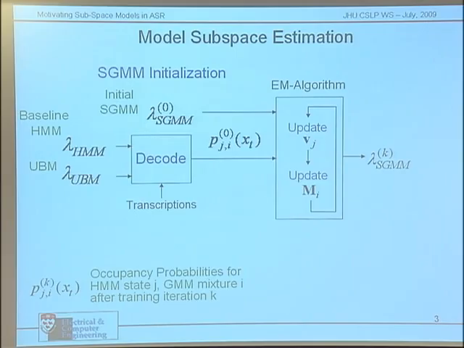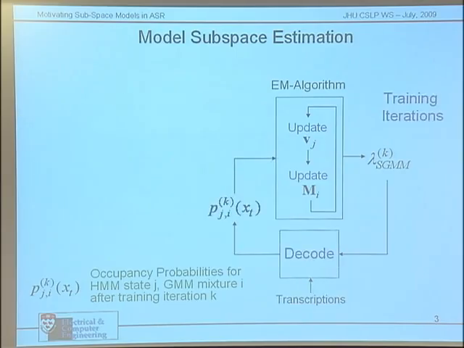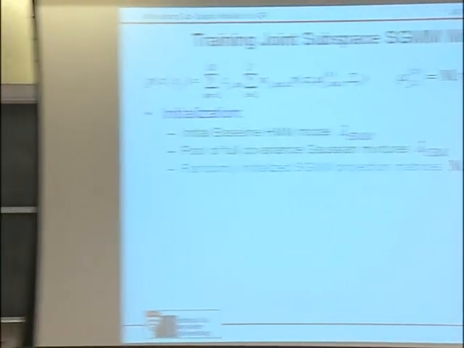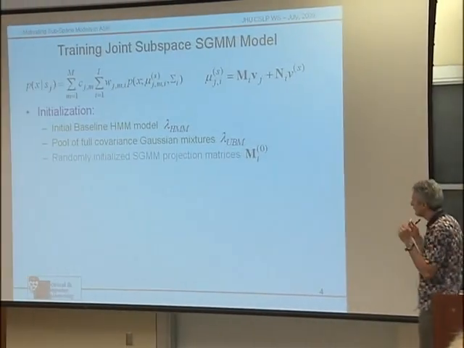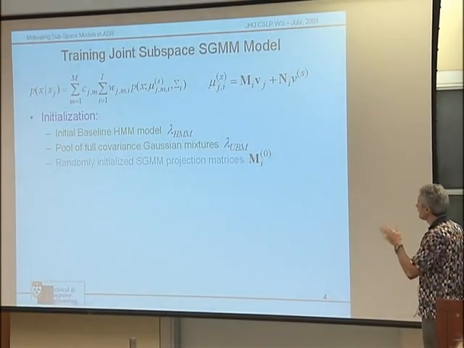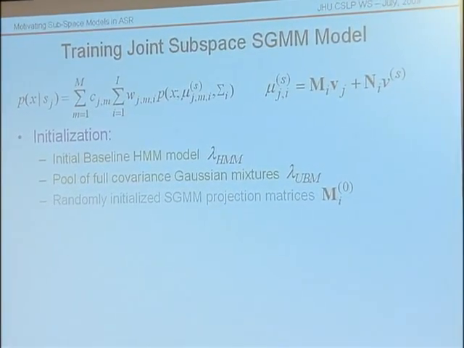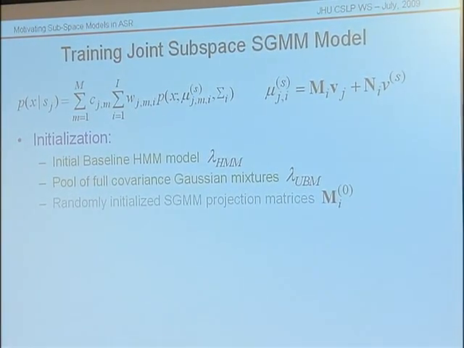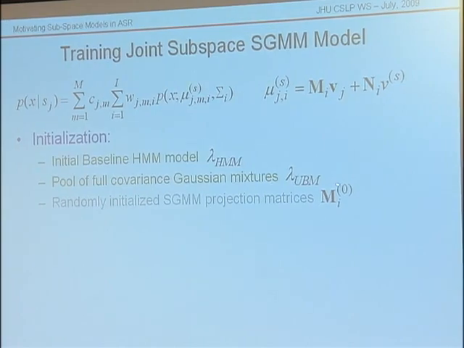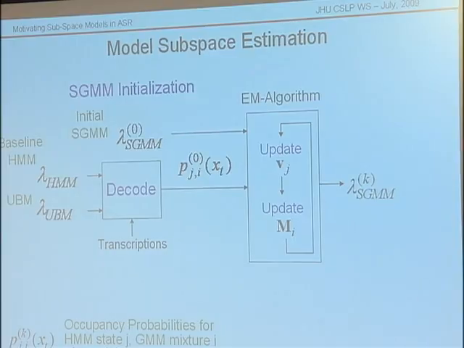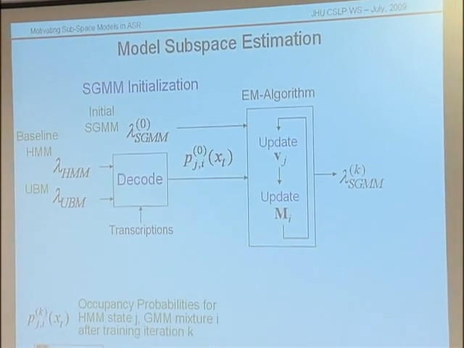So the training procedure starts by having our initial baseline HMM. We define the states, the state tying and everything based on that HMM, and that stays fixed through the procedure. Assume we've trained a pool of full covariance Gaussian mixtures, and in our case we randomly initialize these subspace vectors. That's not what's done in the system that Petter described.